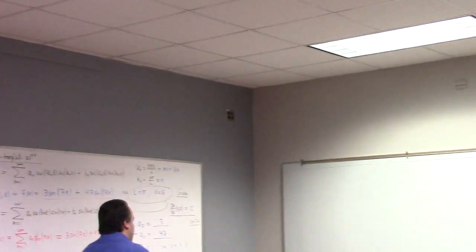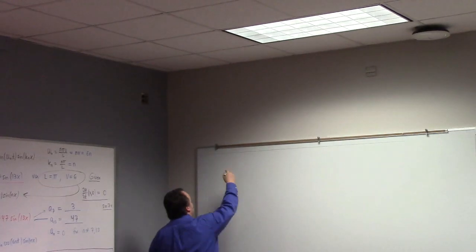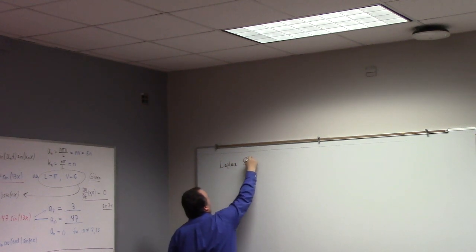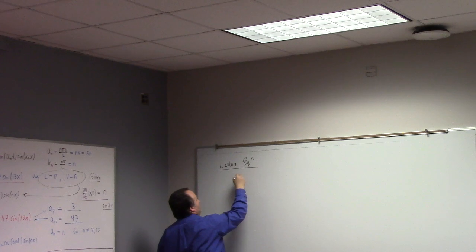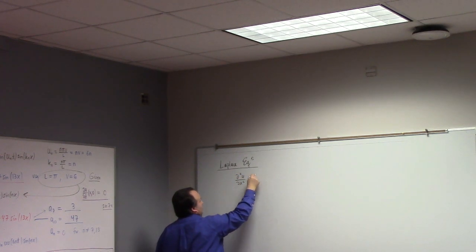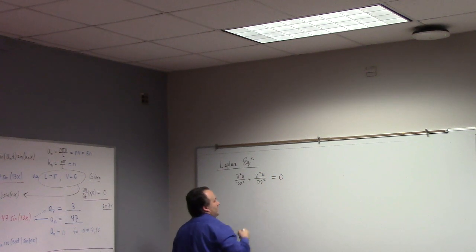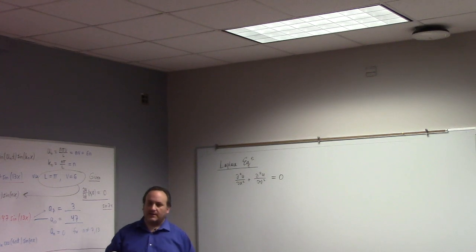The Laplace equation is partial squared u partial x squared plus partial squared u partial y squared equals 0. We're just looking at Laplace's equation in the plane, all right?